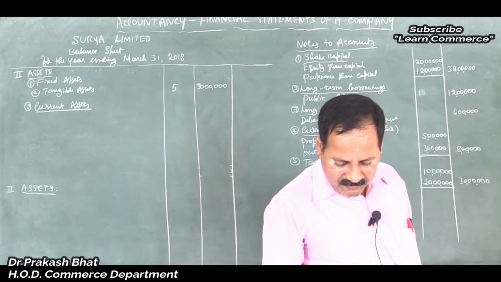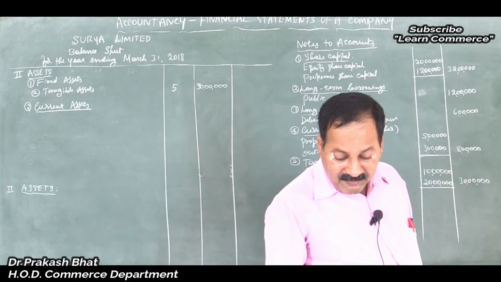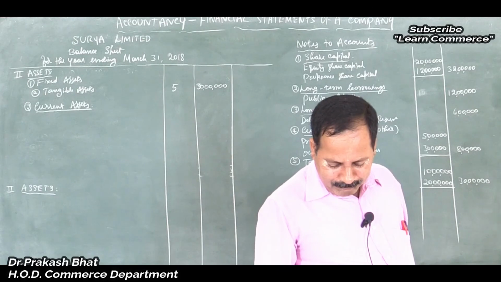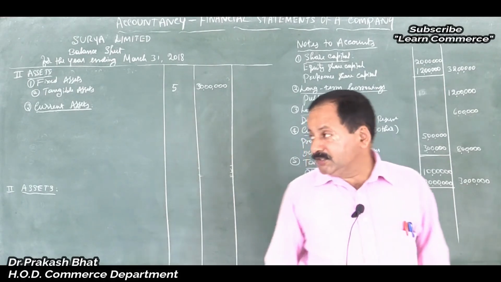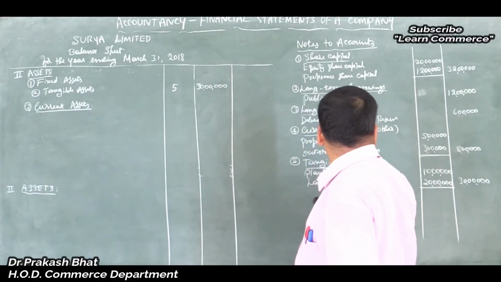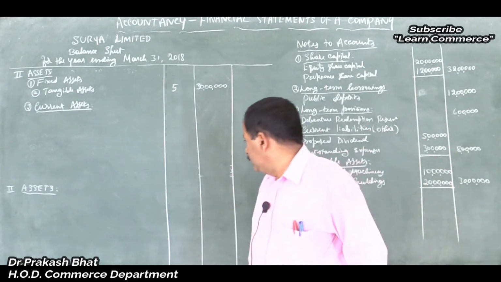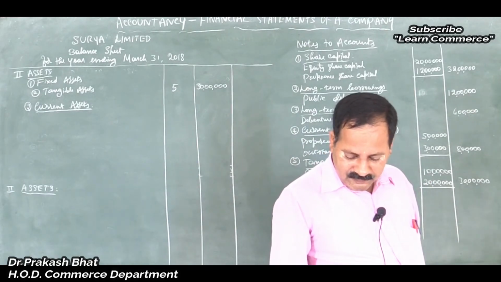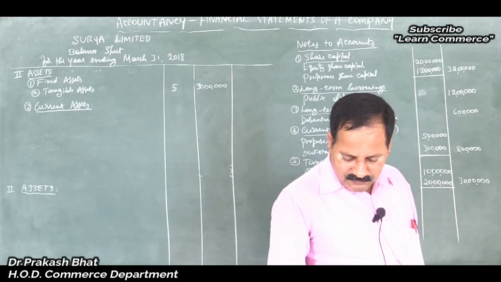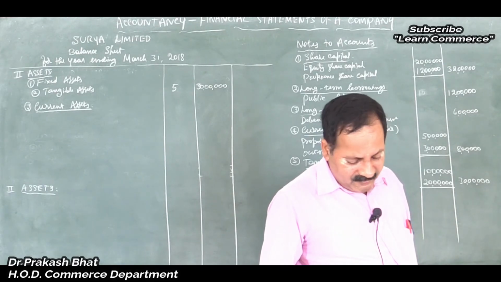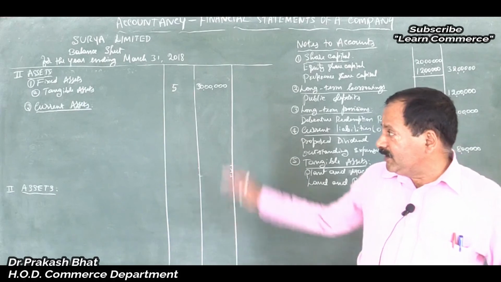Yes, inventories are there. Inventories, I think 14 lakh, 14 plus cash equivalents 10, isn't it? 24 lakh, isn't it? Yes. Then one more item is there, current investments. So we'll take up under that, current assets.